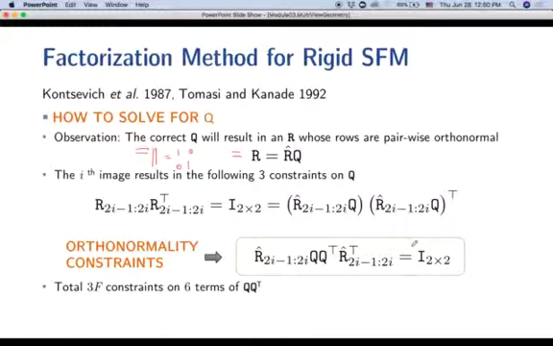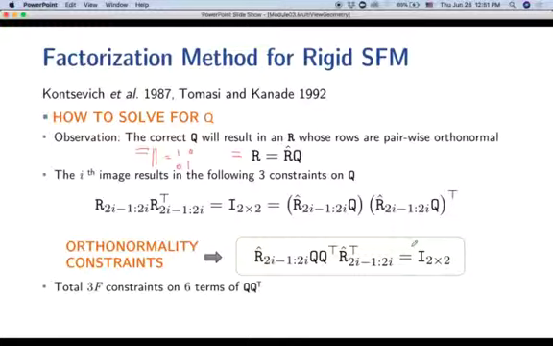A 3 by 3 symmetric matrix has 6 unknowns because the other 3 are the same: the 3 along the diagonal, 2 along the next diagonal, and 1 along the next. So QQ transpose has 6 unknowns, and you have 3 constraints per frame, which means you need F at least equal to 2 to be able to solve this. So I shouldn't have really said 3 cameras. It's actually 2 cameras.